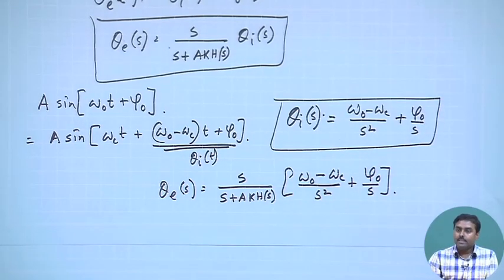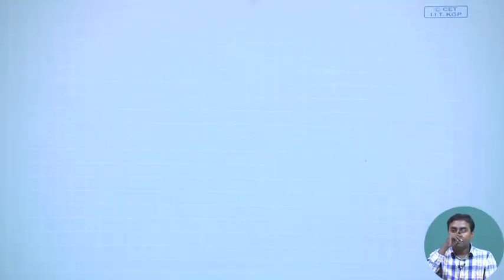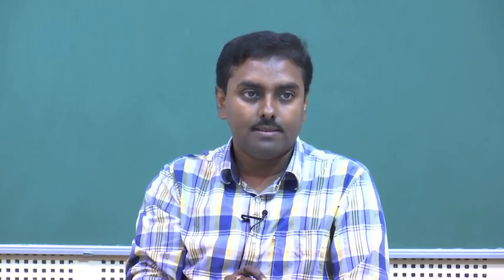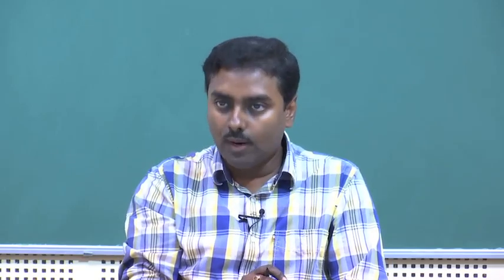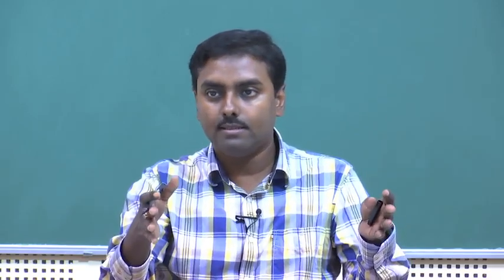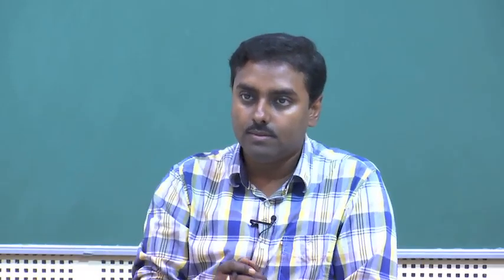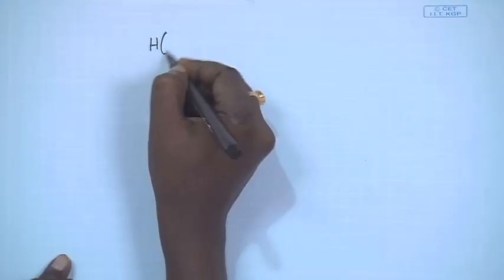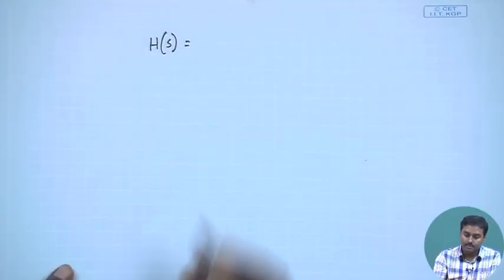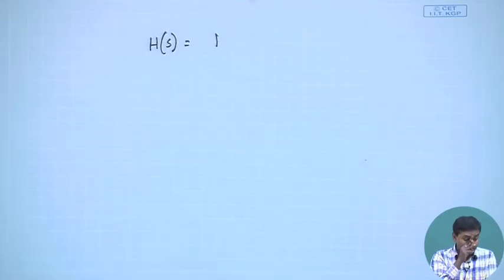Now, here all other things are known, the only thing that is not known is H(s). So, let us try to put some H(s) over here. So, let us say the first thing I do is a low pass filter. Okay. So, H(s) must be 1 within the band of interest, then it should be 0. Okay. So, I can put H(s) within the band of interest should be 1. Okay.